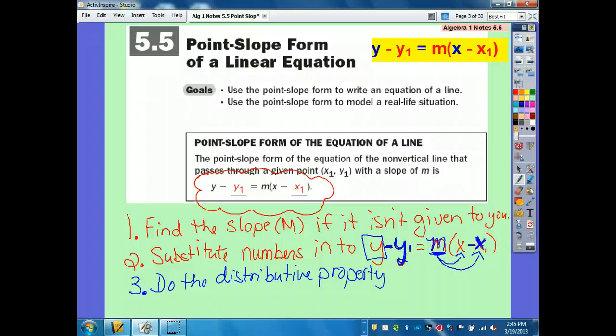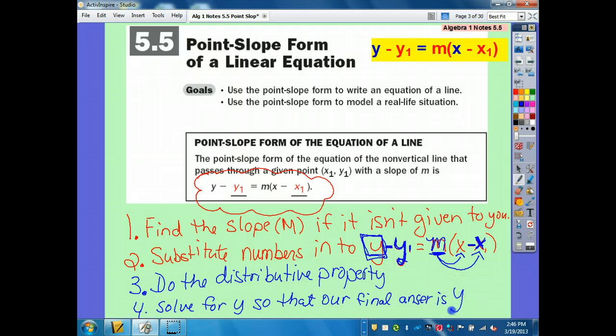And then the final thing is, number four, solve for y, this first y right here. We'll solve for y, get that all by itself, so that our final answer is y equals mx plus b form.